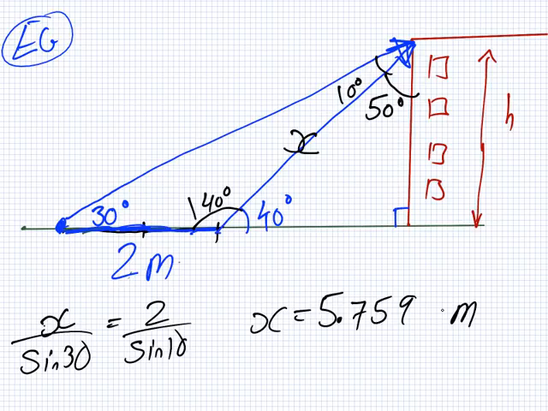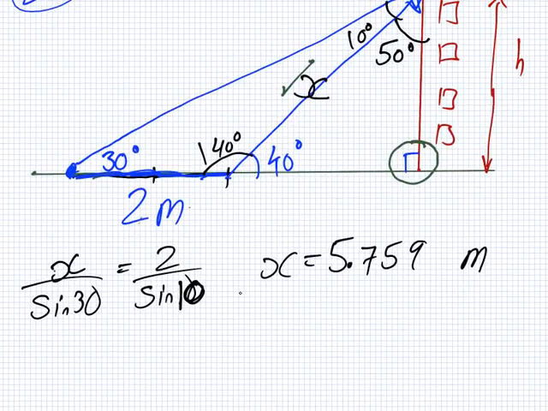Okay, so is that the height? No, that's only getting there. Now I know the x. And remember, this is a right angle triangle, and I want the opposite, and I have the hypotenuse. So opposite and hypotenuse, what could I use? Sine.